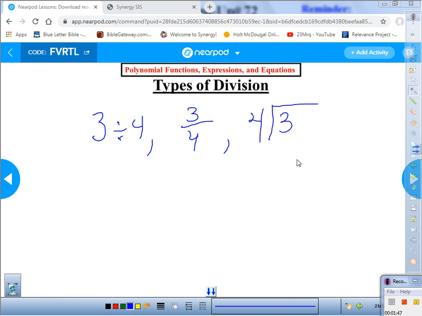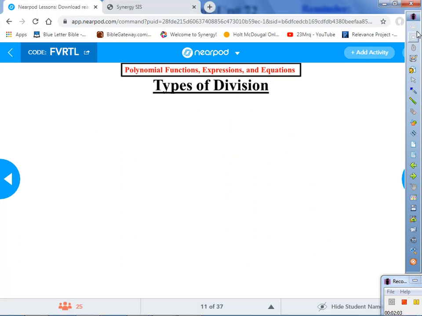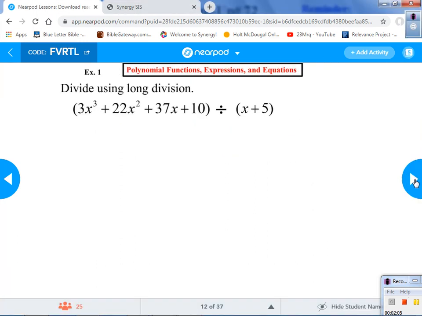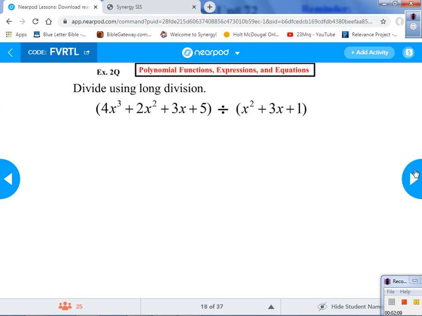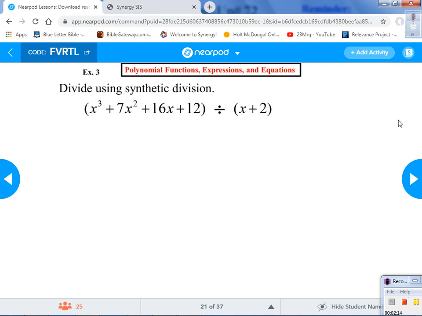I said we'd focus on the last one. We did an example in the warm-up, but today we're not going to focus on long division. Before we left, I did a quick introduction to dividing polynomials using something we call synthetic division.